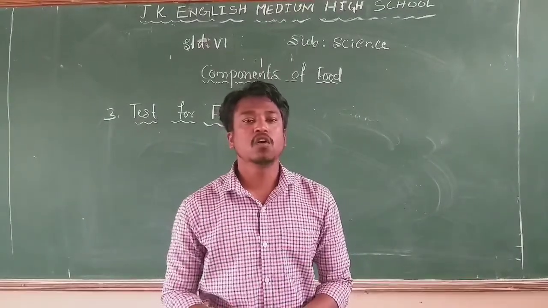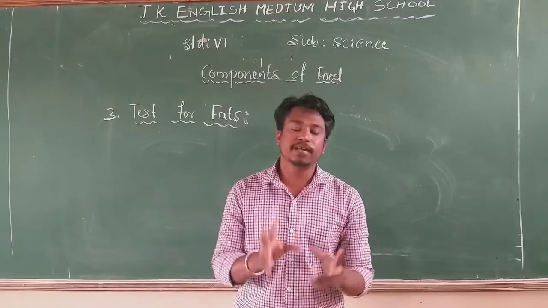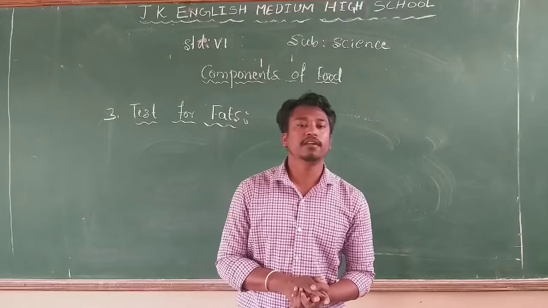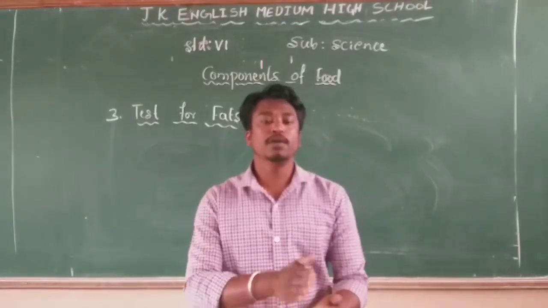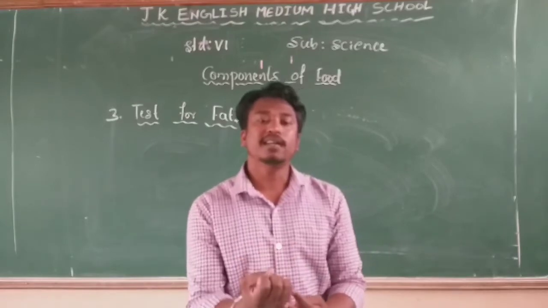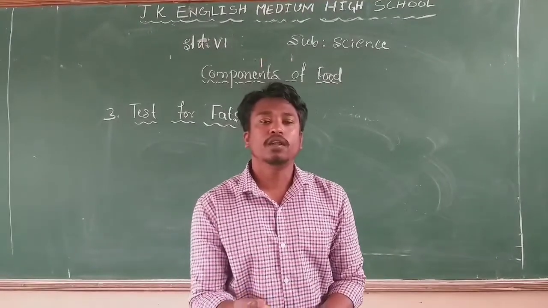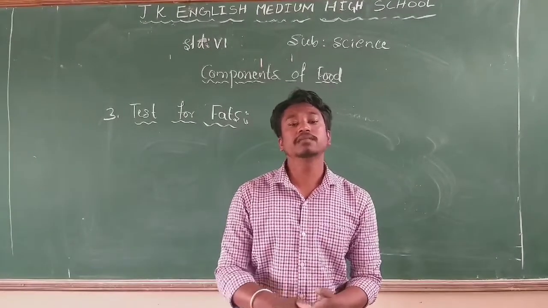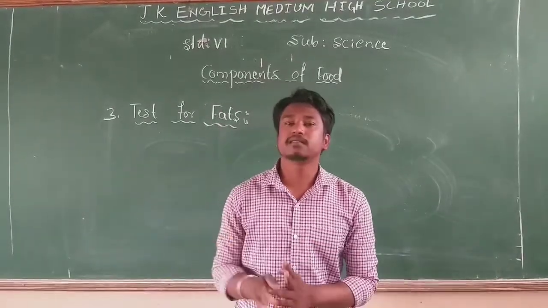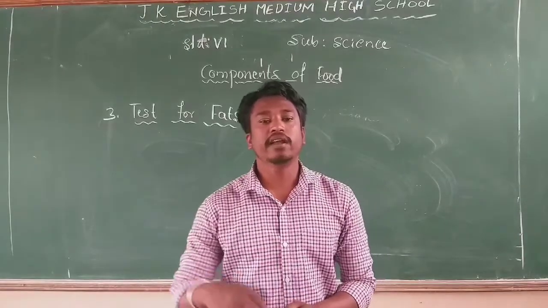Sometimes food items will contain water also. For that, what do people do? When you crush it, leave it for some time so that the water content evaporates. After that, you take that paper and keep it against sunlight or any light.